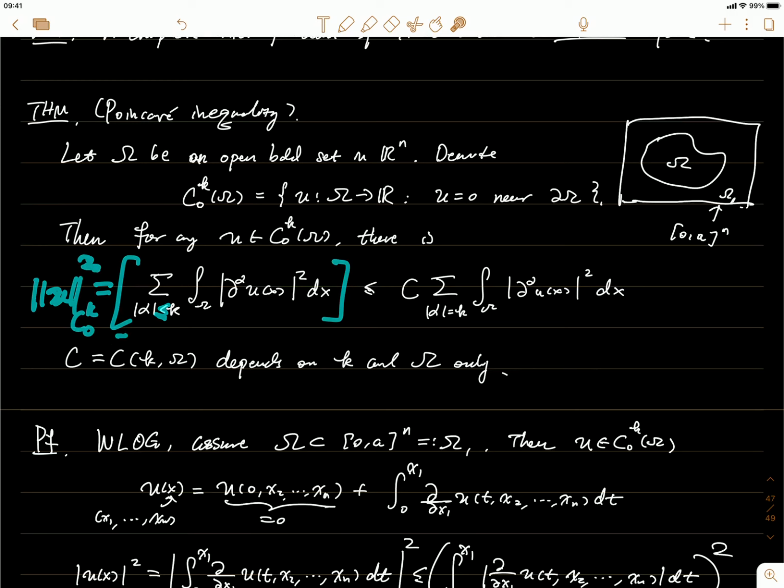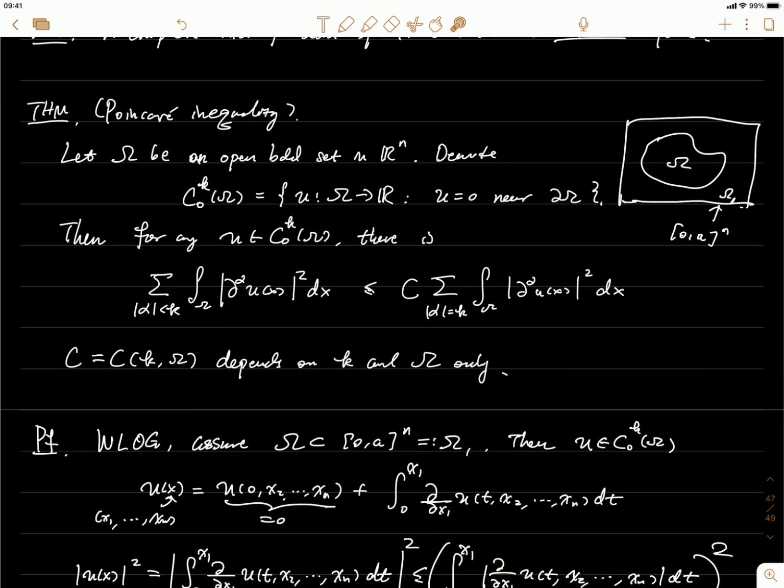Okay, and we know that when we take the closure of this, or take the completion of this space under this norm, we'll get the Hilbert space, H0k. And now in the H0k space, we have the same inequality like this. It's just that all these derivatives become weak derivatives.